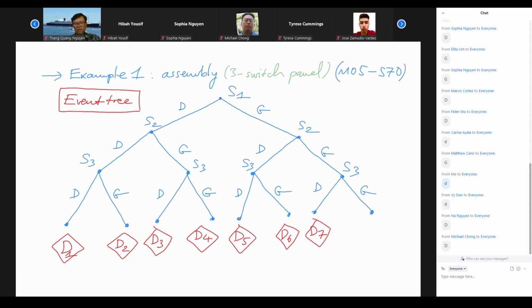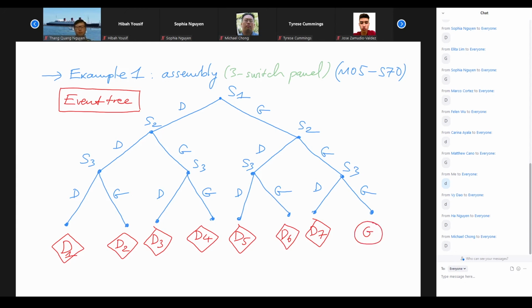So that single defect will spoil the whole unit, right? Okay, and finally, if you look at the last branch right here, we have all good switches, right? So we have a good overall outcome. So the G is right.